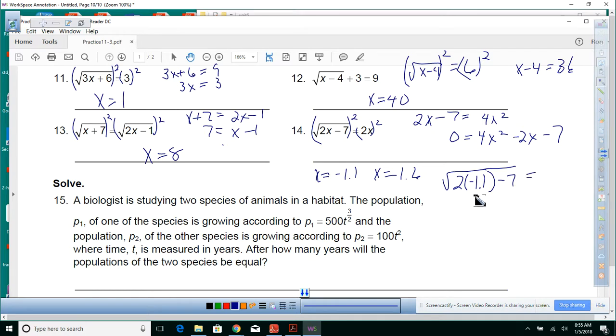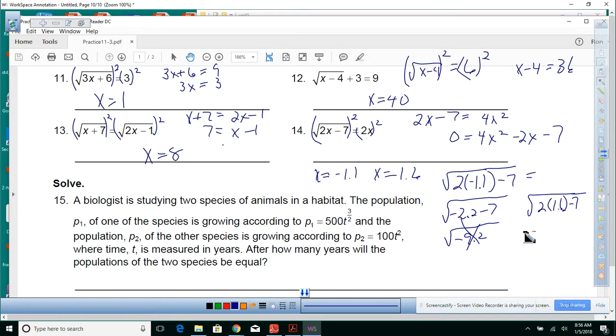That's the square root of negative 2.2 minus 7, which is the square root of negative 9.2. Can't do that.